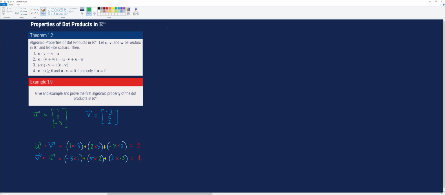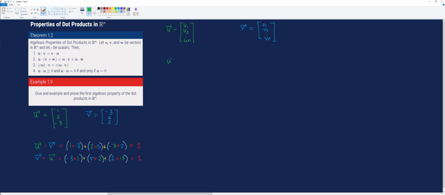Suppose we have vectors u and v with n components. That is, the components of u are u sub 1, u sub 2, all the way down to u sub n, and the components of vector v are v sub 1, v sub 2, all the way down to v sub n, where all the components are elements of the real numbers.